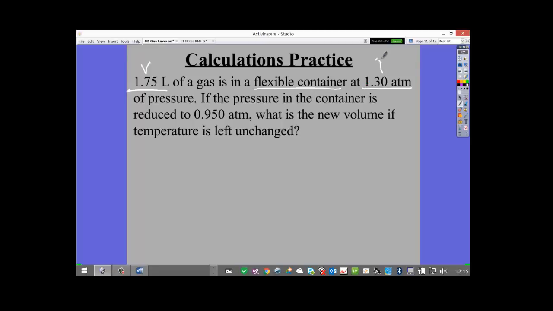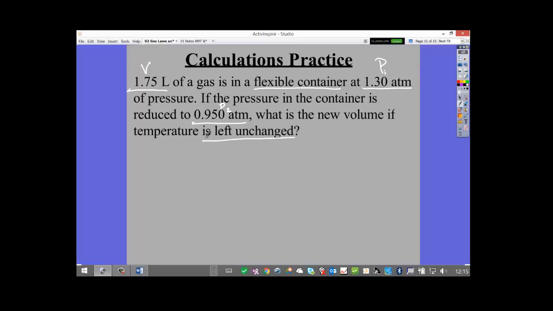So I know this is the pressure. If the pressure in the container is reduced to 9.5 ATM, what is this? Another pressure. So this is going to be P2, and this becomes P1. What is the new volume if the temperature is left unchanged?